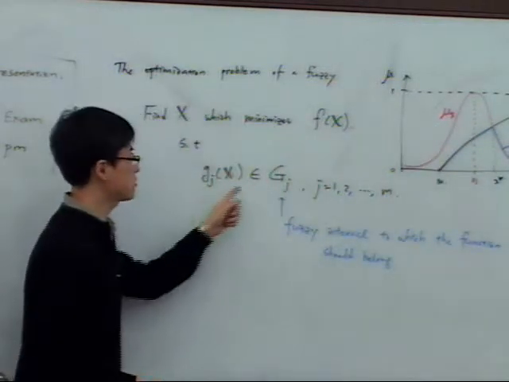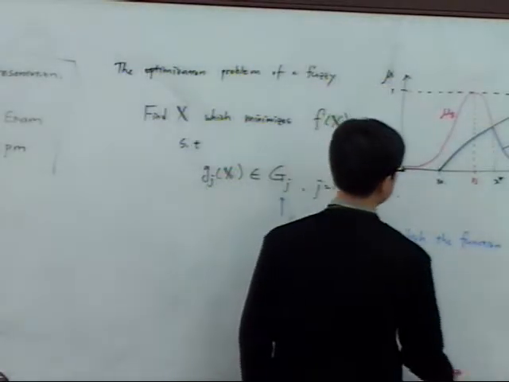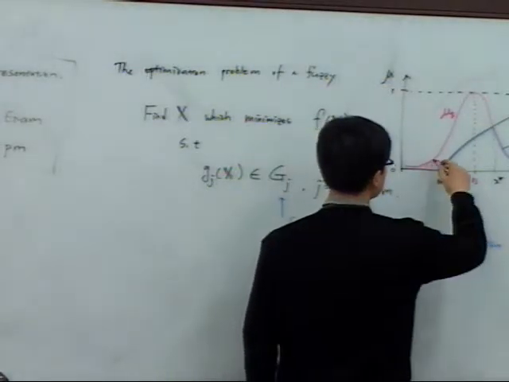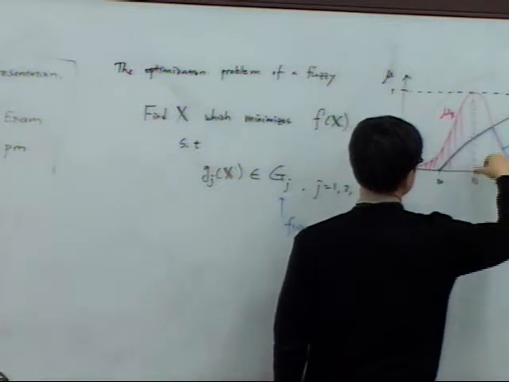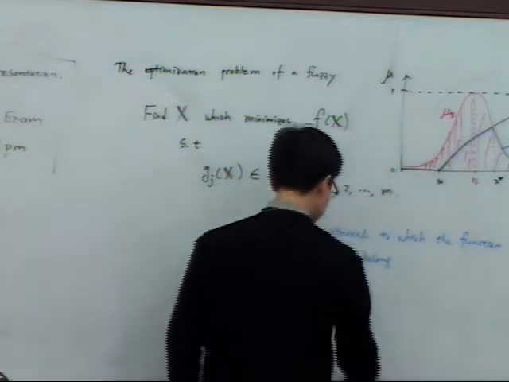Okay, so each constraint should belong to some interval here. So in our example, this G sub 1 is this colored area.